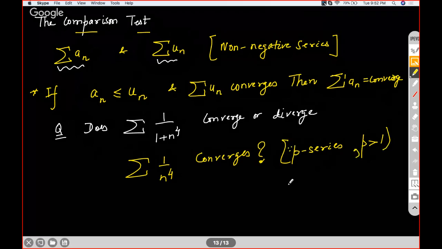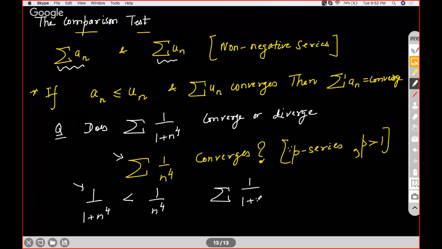It's a p series with p greater than 1. And that is less than that. This term is less than 1 by n to the power 4, because its denominator is heavier than the denominator of this. So if this converges, then this also will converge. That means 1 by 1 plus n to the power 4 will also converge.